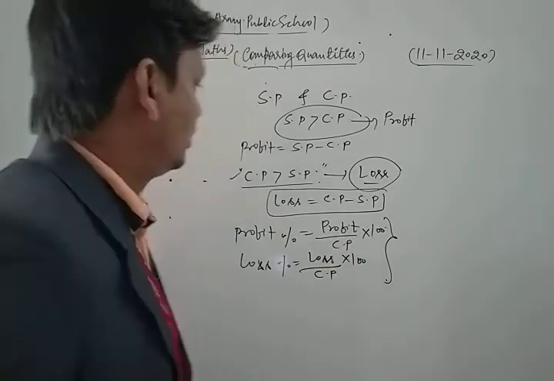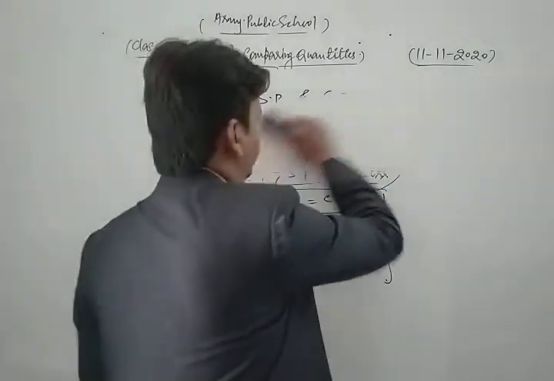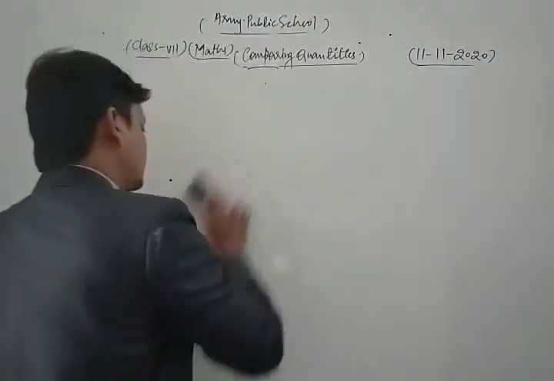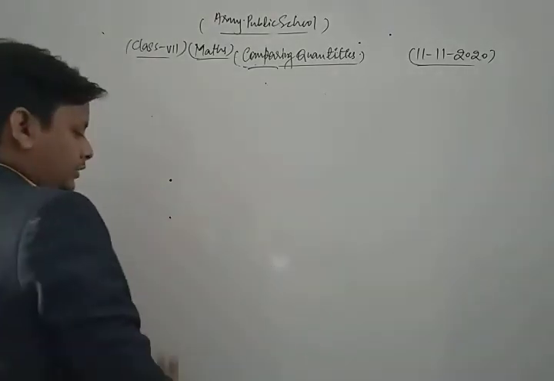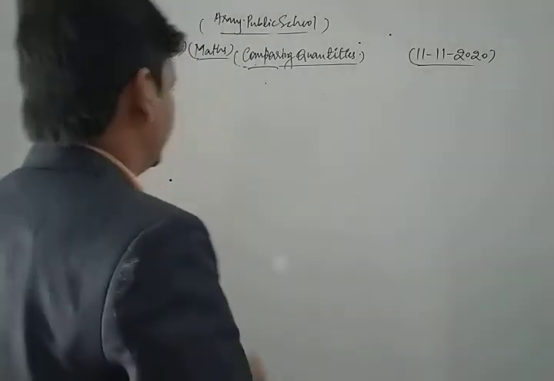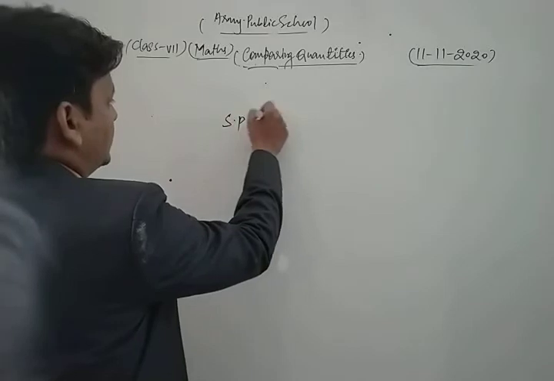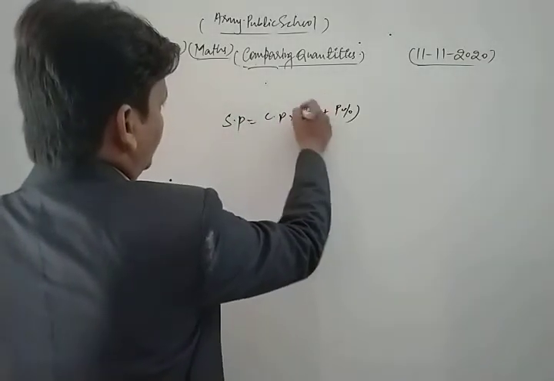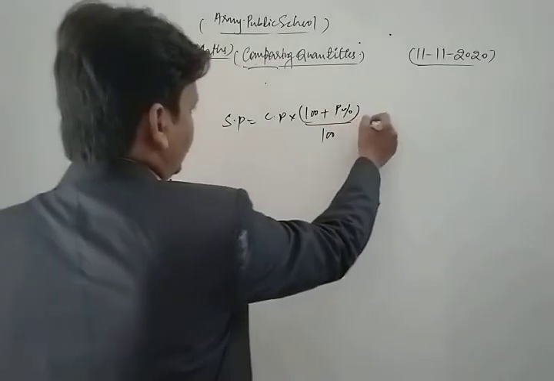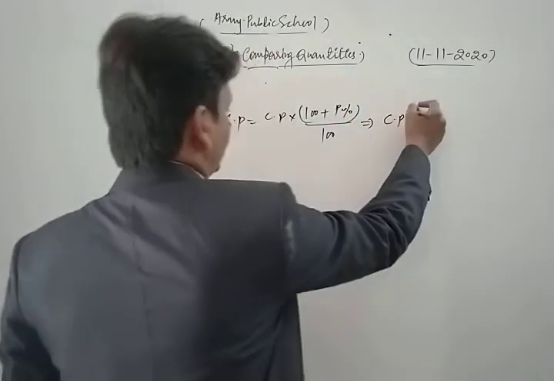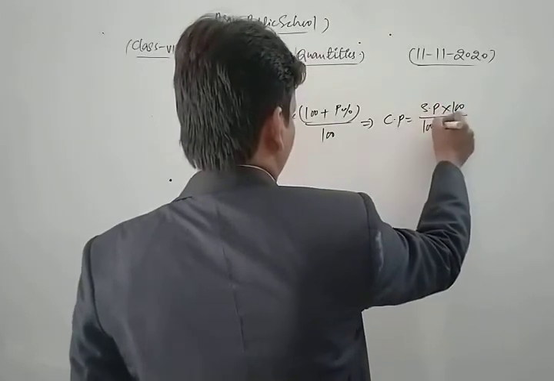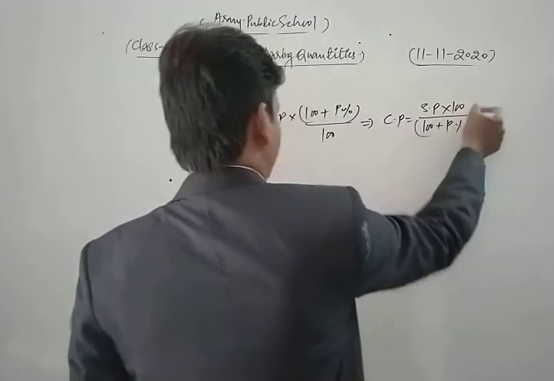Now we discuss a very important formula related to selling price and cost price. The selling price is equal to the cost price into 100 plus profit percent upon 100. So from there the formula for the cost price is selling price into 100 upon 100 plus profit percent.